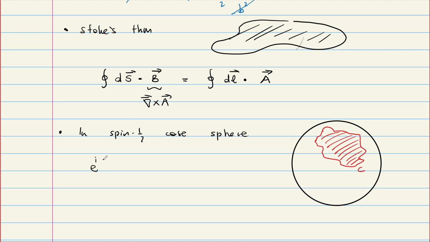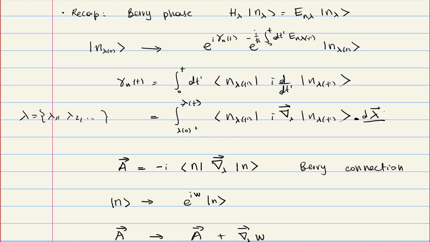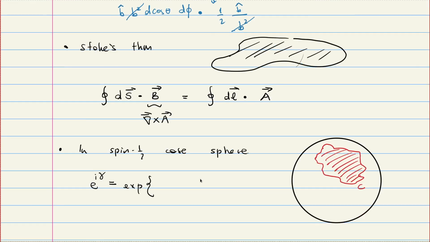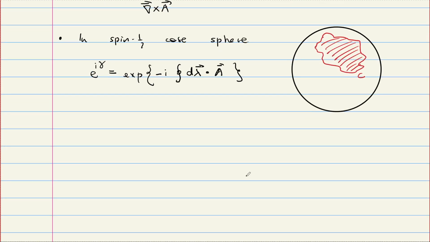So the total Berry phase is i times gamma is equal to this thing, which we already derived here. I'm going to write it in terms of this A. So this is going to be minus i, and this is now a line integral, so I use d lambda dotted onto A. And what I want to do now is use the Stokes theorem here.